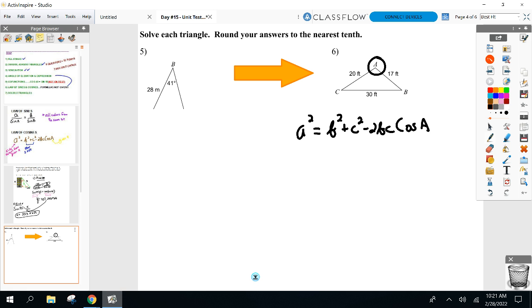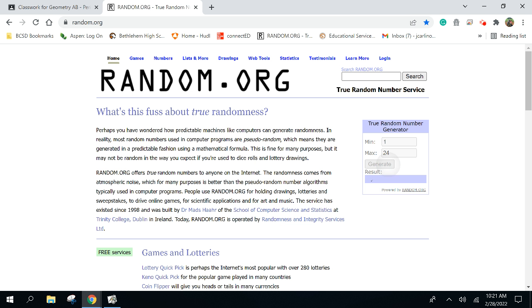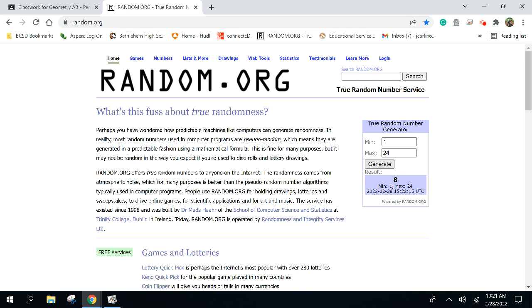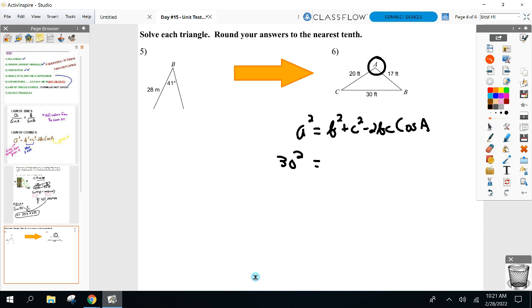How about 30? 30 squared equals... what are my B and C values then? 20 and 17. 20 squared plus 17 squared minus 2 times 20 times 17 cosine A. In this case, we'll keep it A because it's angle A.